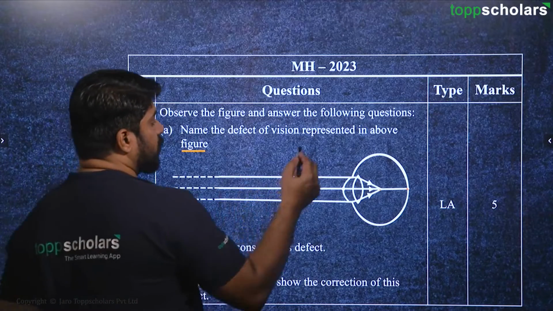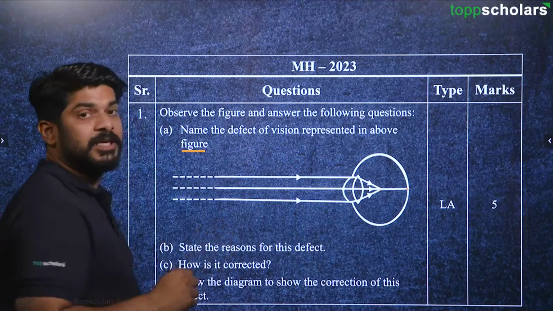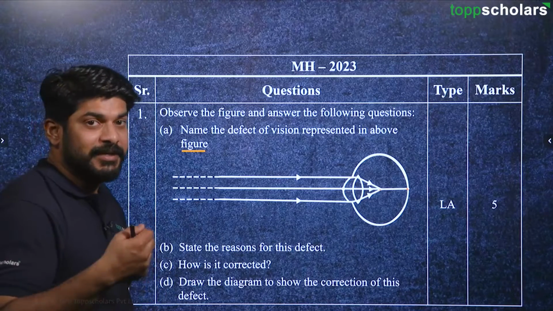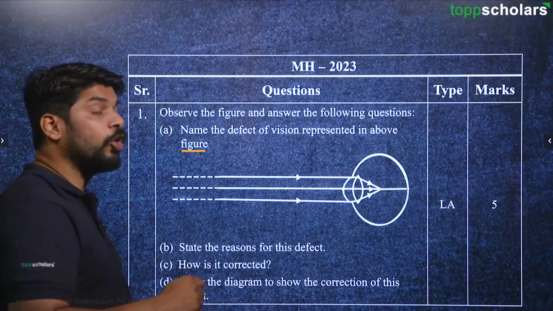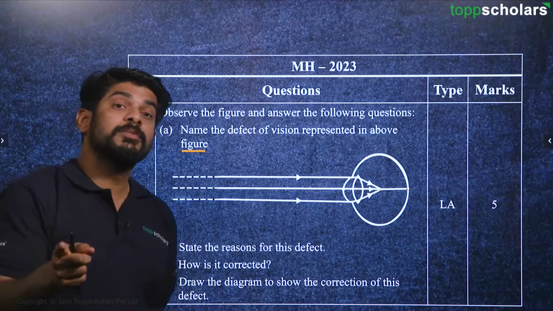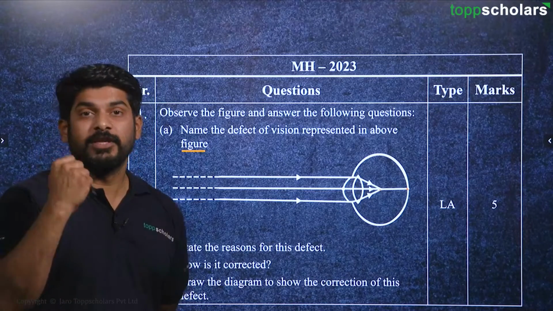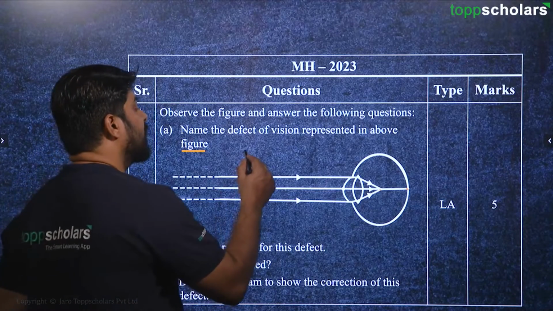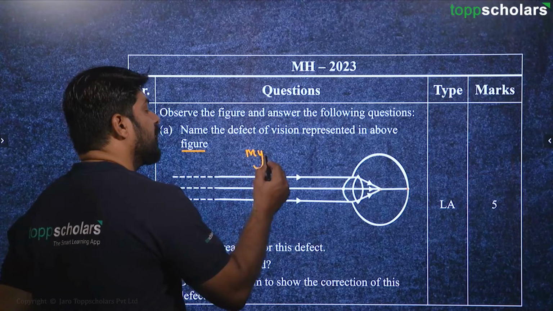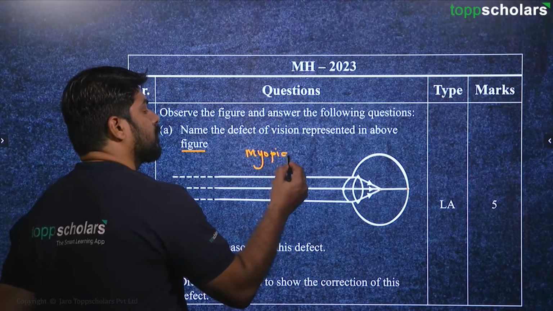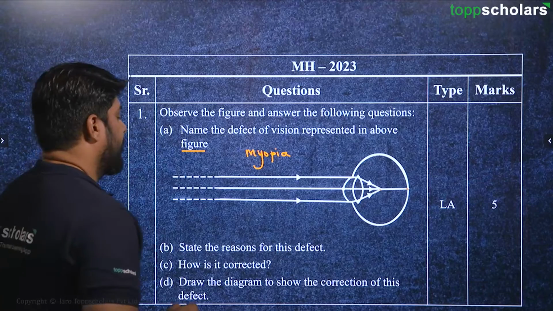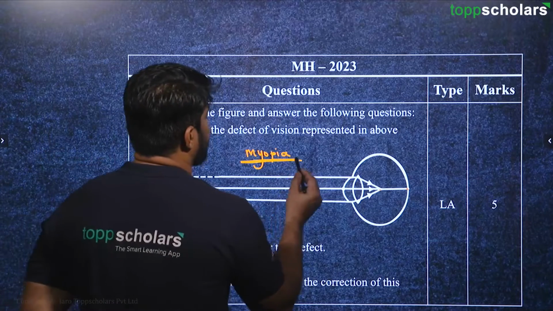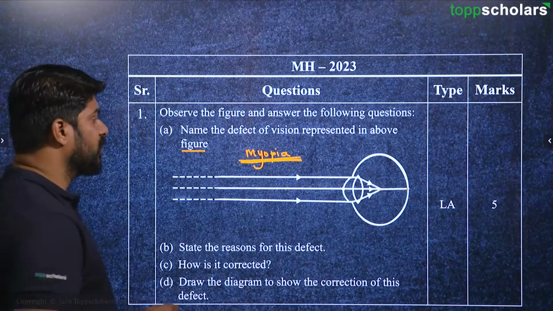So this person has a defect of nearsightedness. That means he is able to see the objects which are near but not able to see the objects which are very far. So this is basically called myopia, right? Isn't it? So this is one thing.